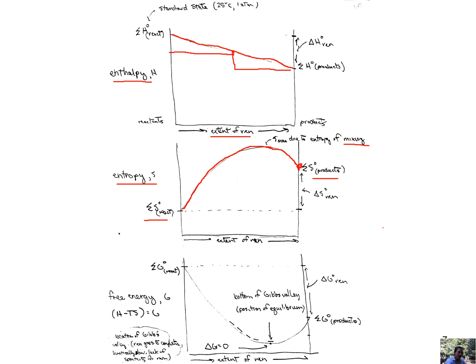So now if we consider how enthalpy and entropy affect the free energy, it's H minus TS. Well, we can take the top plot and then subtract T times the middle plot for entropy, and we get a contour of a function for free energy versus the progress of a reaction.